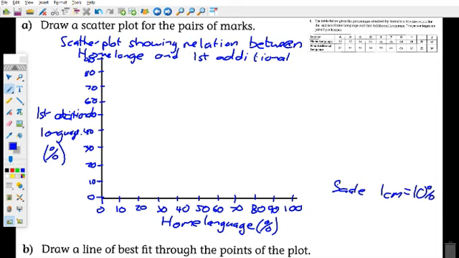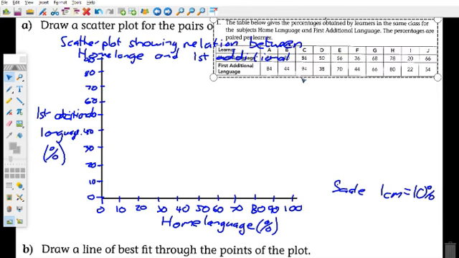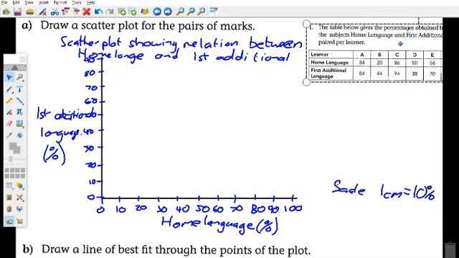All right, so now we're going to draw the scatter plot. We're going to take our information and put it there. So the first learner got 84% for home language and 84 for first additional language. I'm going to make this a bit bigger so you can see it. Who got 84 for home language?